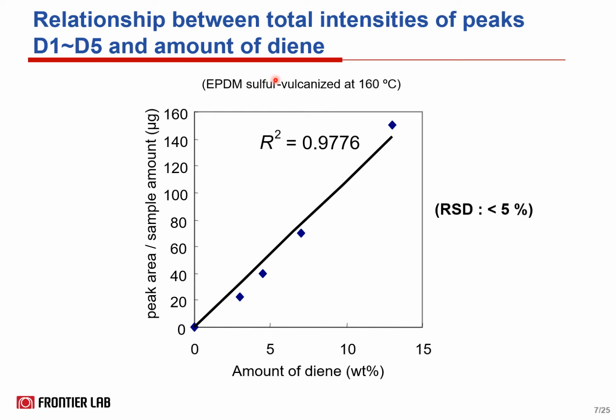Based on the calibration curve, the ethylidene norbornene amount was quantified with a reproducibility of RSD less than 5%. It is noted that this method can be applied not only to EPDM before vulcanization but also to vulcanized EPDM sample.